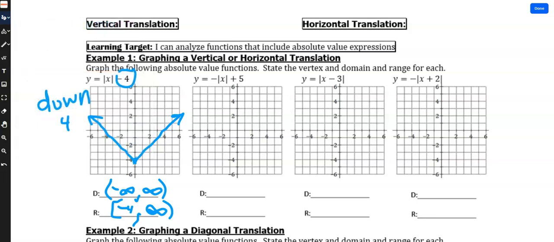Next one, two things going on. One, we got the reflection, since that's a change on the y. Since it's on the outside, it's changing the y. So if you took your absolute value function and you flipped it over, we already know what that looks like from the previous slide. But then we've got this up 5.